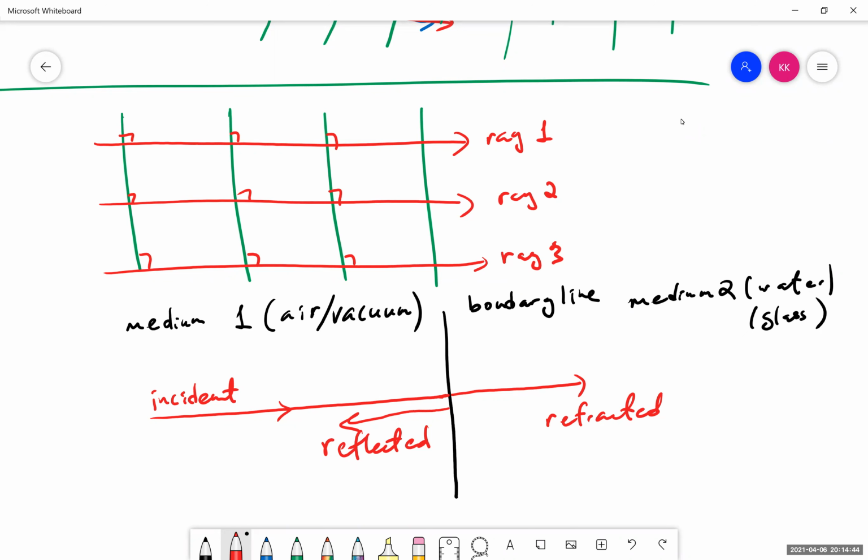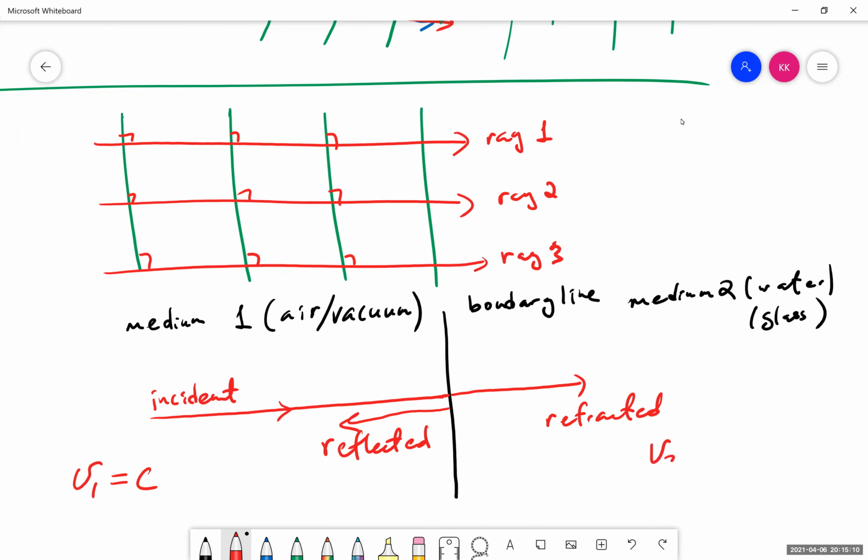Looking at this, one thing we can always measure experimentally is that when light goes from one medium to another, it always changes its speed. Since medium 1 is vacuum or air, I can assume the speed in medium 1 is the same as the speed of light in vacuum, c.